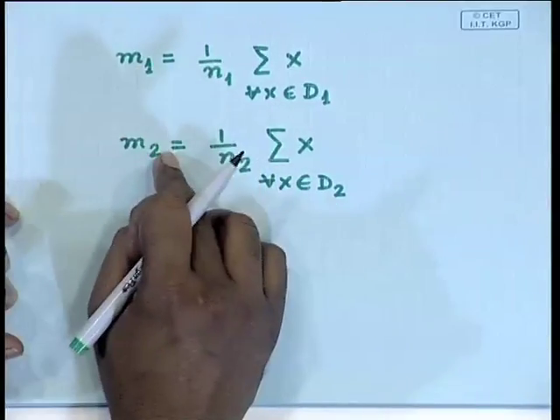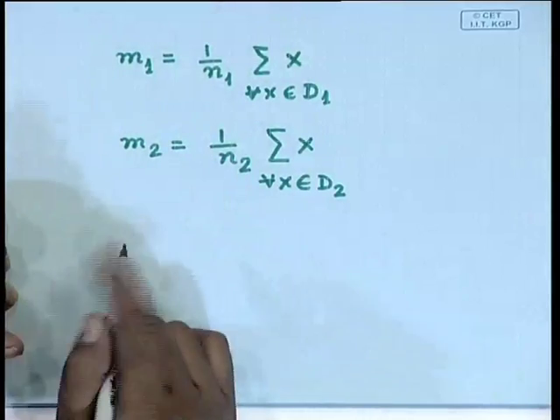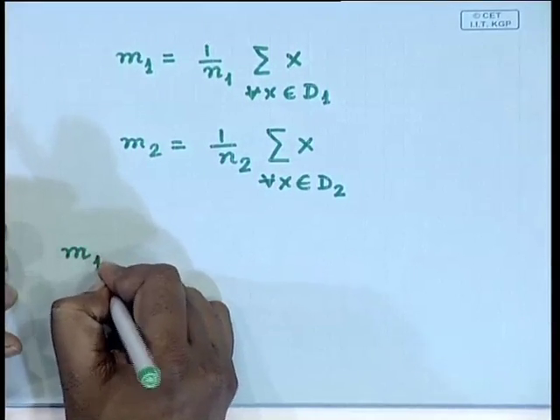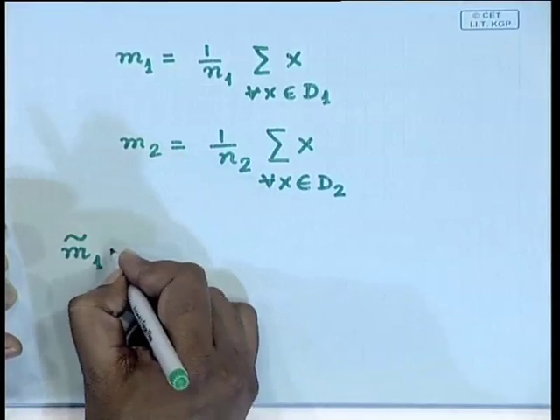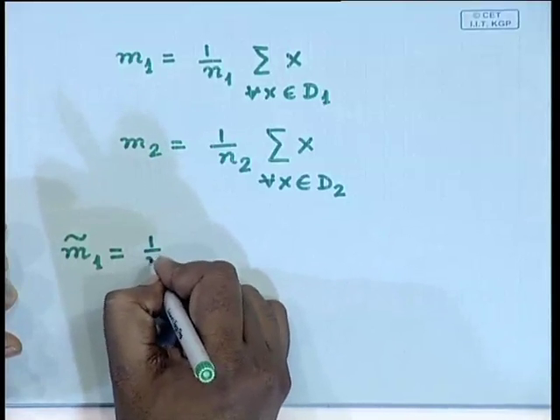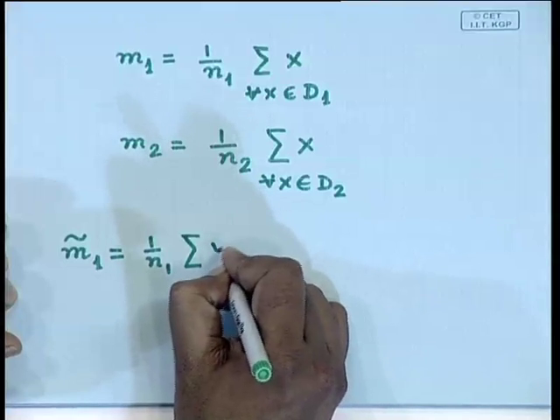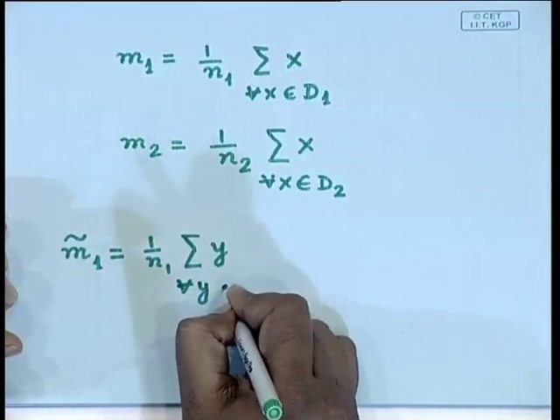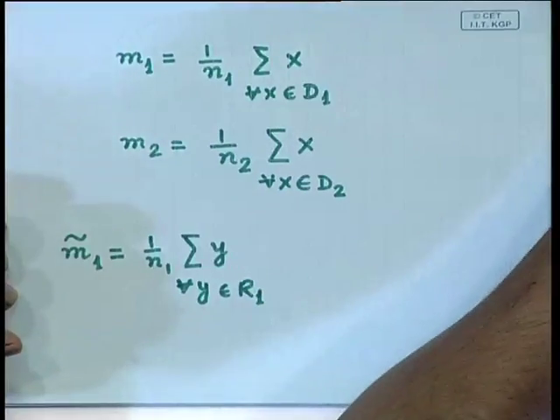Now, when I compute the projections of these mean vectors, suppose the projected mean vector of M_1 I write as M_1 hat. This M_1 hat is nothing but 1 upon n_1 times the summation of y for all y belonging to, say, set R_1. Now, what is this R_1?